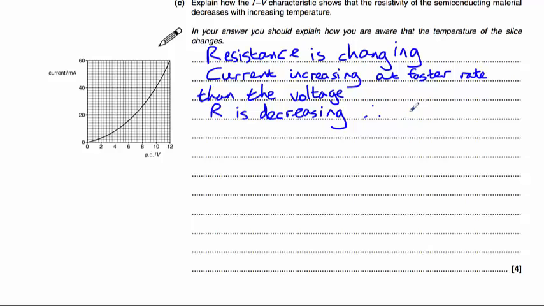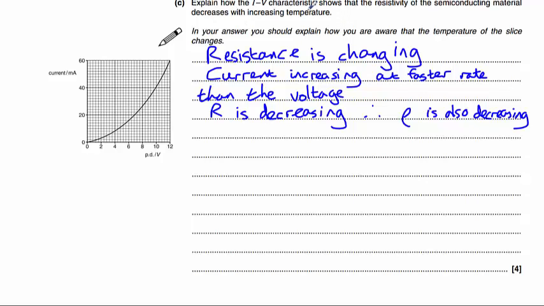Therefore, because R is proportional to ρ, the resistivity is also decreasing. So that explains how the IV characteristic shows that the resistivity is decreasing with increasing current.